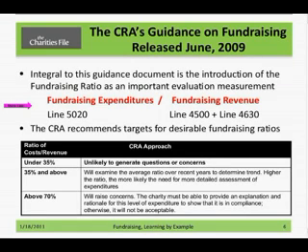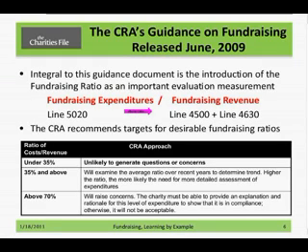What are your fundraising expenses for the fiscal year? And this is always done for the fiscal year, not for a specific event. For most charities, you can get that on line 5020 of your 3010 information form. So you add up all the expenses that you have that relate to fundraising, and then that would go basically on the top of the ratio.